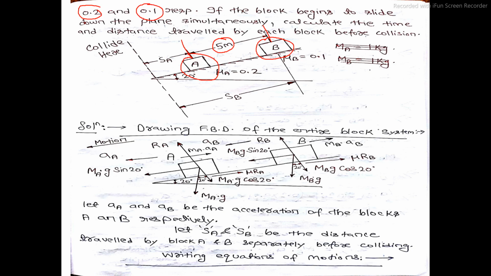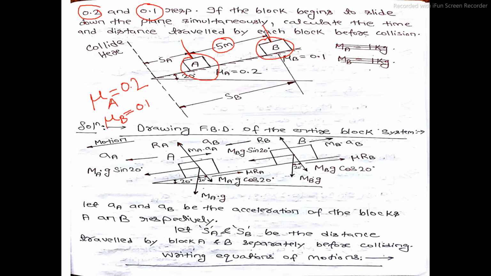If I denote the coefficient of friction for block A by mu A and for block B by mu B, then according to the problem, mu A is 0.2 and mu B is 0.1.